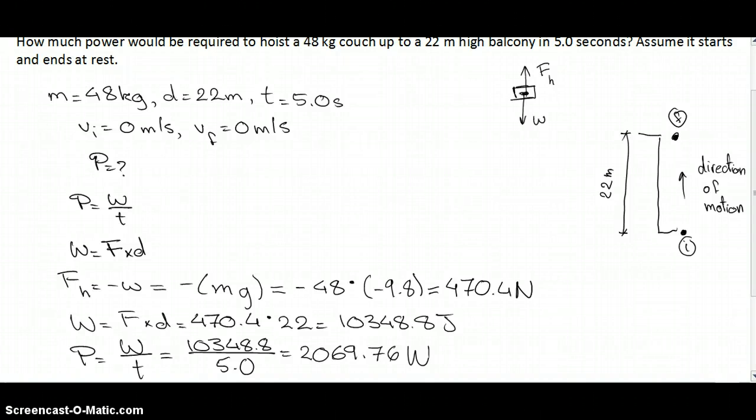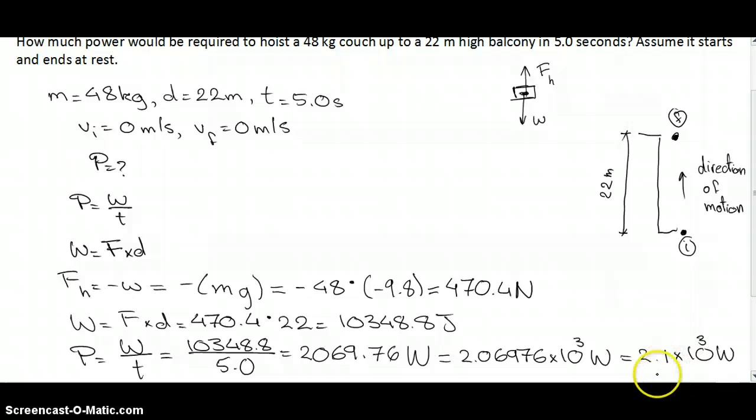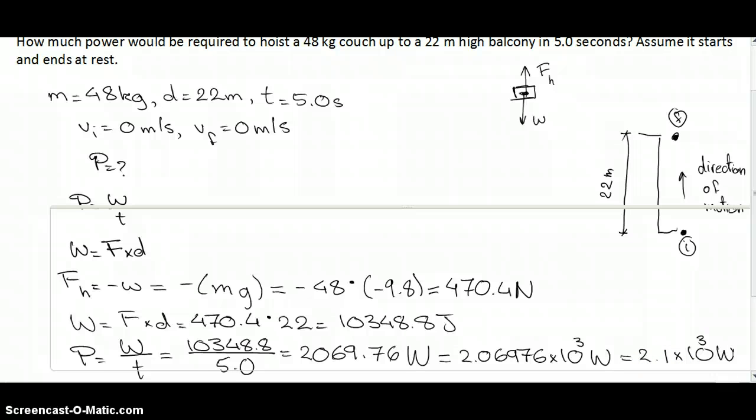The answer will be, in scientific notation, 2.1 times 10 raised to the power of 3, because I moved 3 decimal places, so I multiply by 10 to the third, and I use only two significant figures, but the number after the 0 is 6, so I have to round up to 2.1. Thank you.